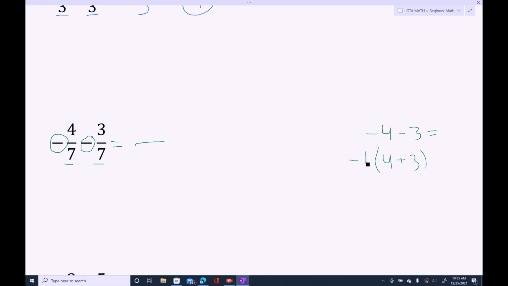So 4 plus 3 is going to be 7, and we basically factored out this negative 1. If you're new to math, don't worry about it. You can look at it as adding 2 negatives. But if that confuses you, I just wanted to show you a different scenario: you can look at it as 4 plus 3 and then multiply by a negative 1 at the very end.